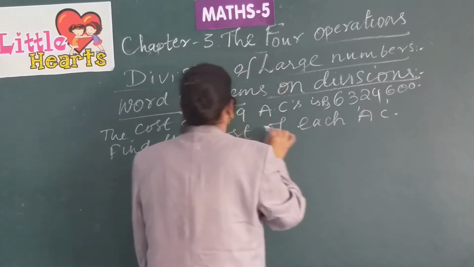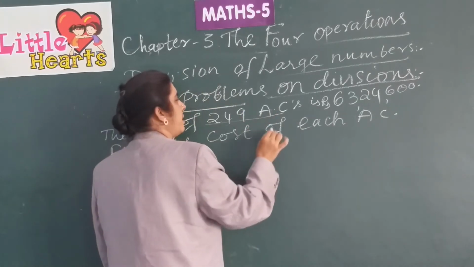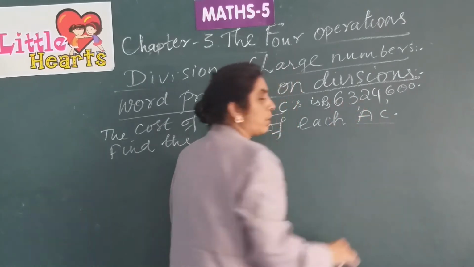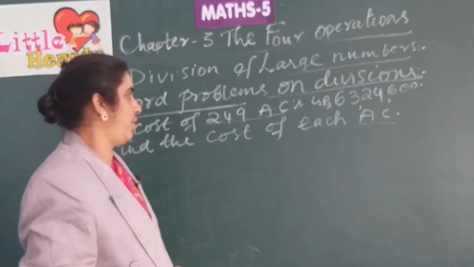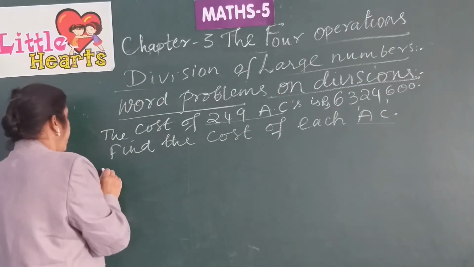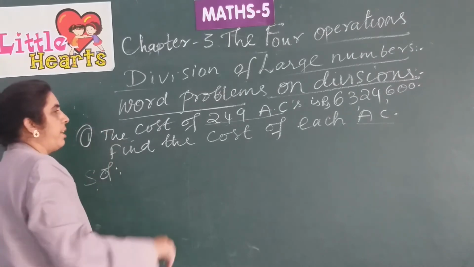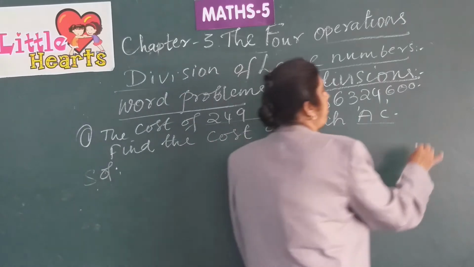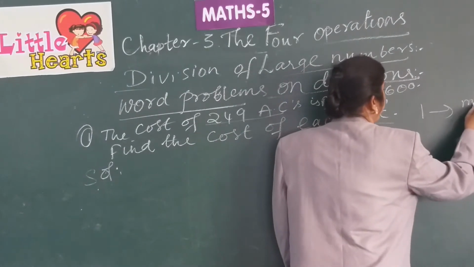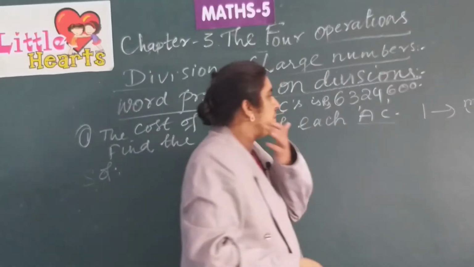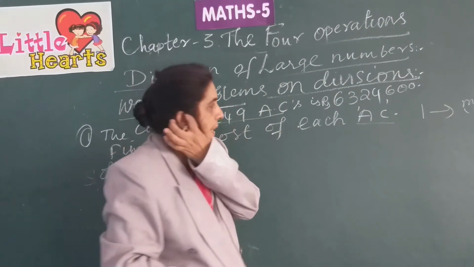So, the cost of 249 ACs is given, and you have to find the cost of one air conditioner. I already told you that division is the inverse or reverse process of multiplication. Cost of one is given, you have to find many, that is multiplication.